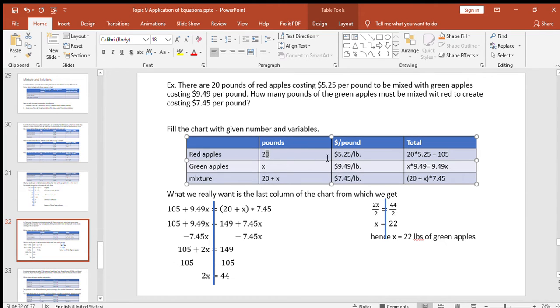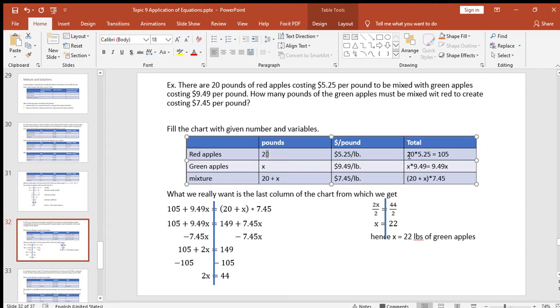So 20 times 5.25 is 105. x times 9.49 is 9.49x. And 20 plus x times 7.45 is (20 plus x) times 7.45.